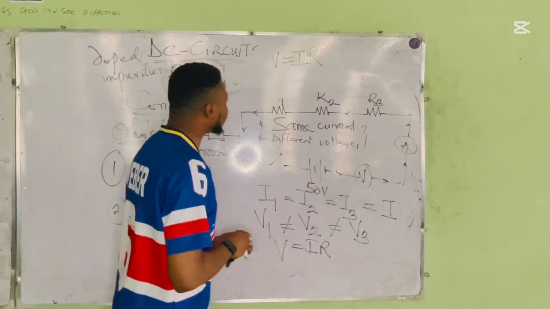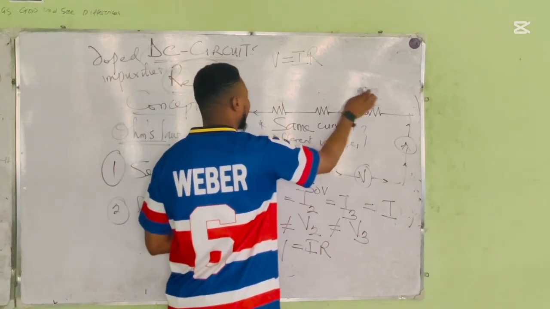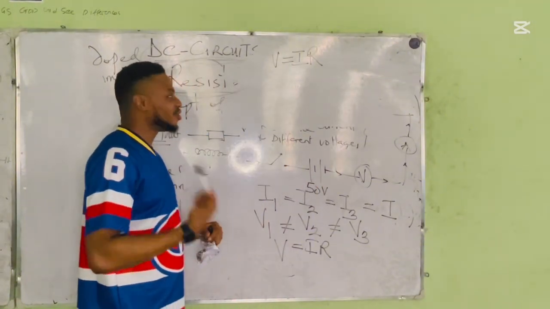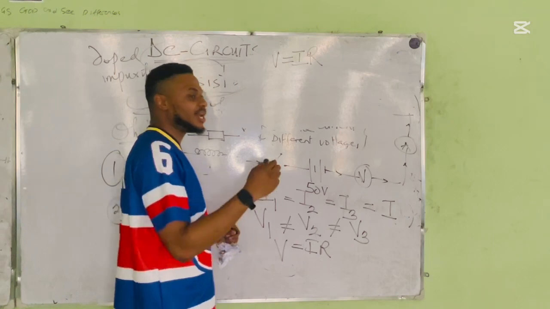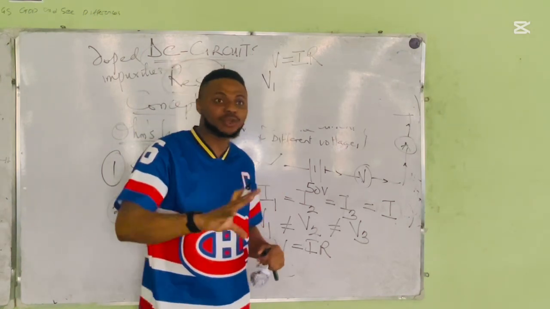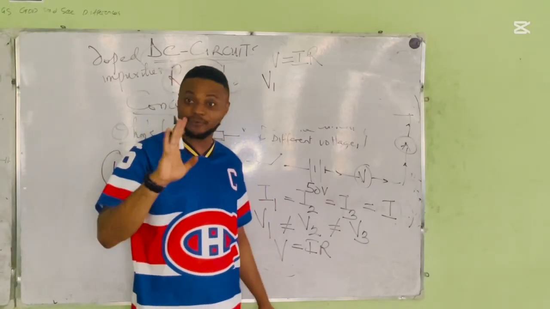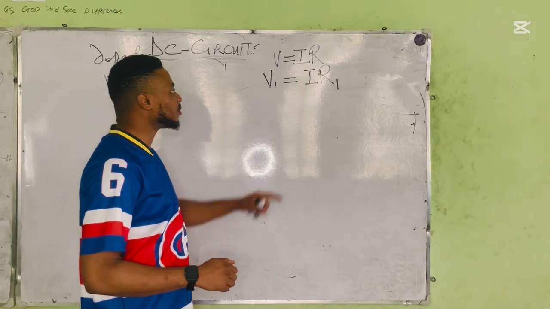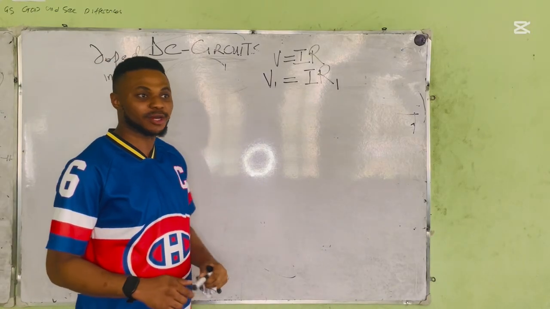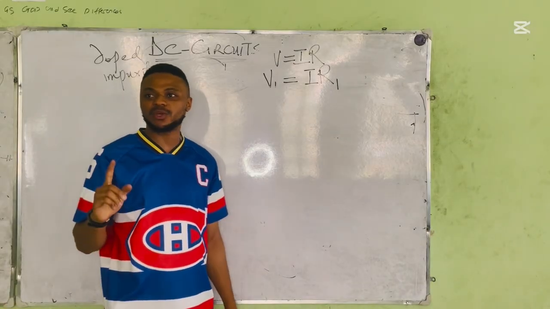Okay, so now let us imply and present what we have already said here. Okay, now looking at V equals IR, what we are saying here is that if we want to look for V1, knowing that in a circuit that resistors are connected in series, if we want to look for V1, for instance now, alright, so the reason why we have just I here is because, of course, the I is just one in the circuit, alright?